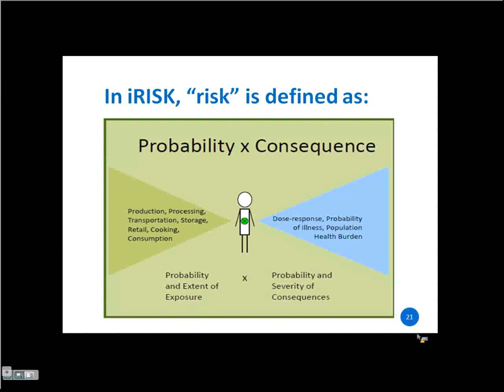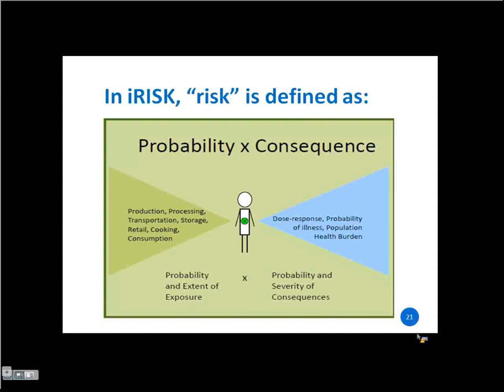So if you look at the left side of the slide, exposure itself is influenced by a number of activities at steps along the food supply chain, such as production, processing, transportation, storage, retail, cooking, consumption, and so on.